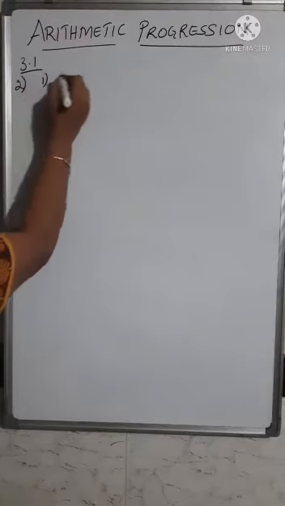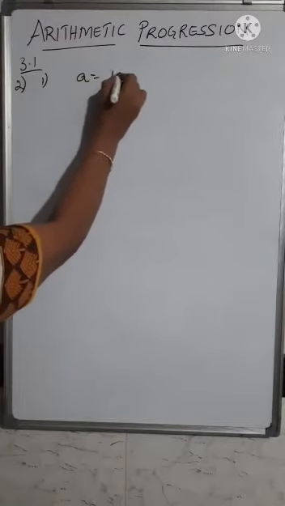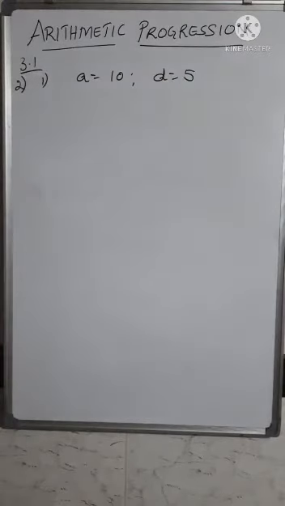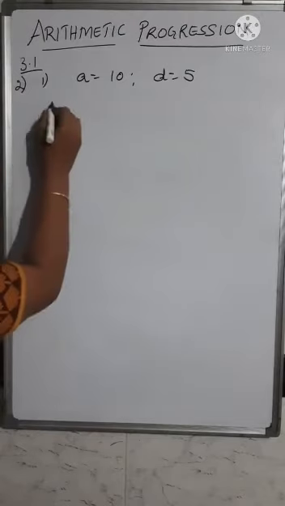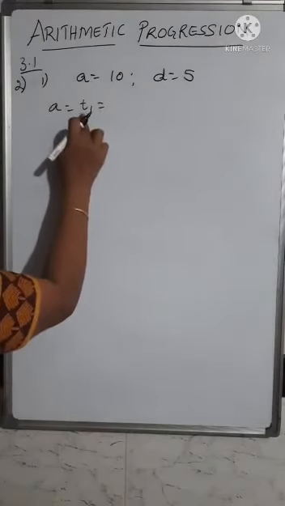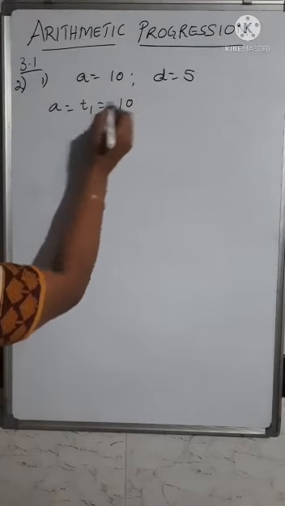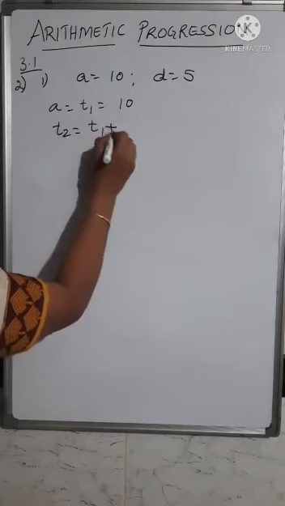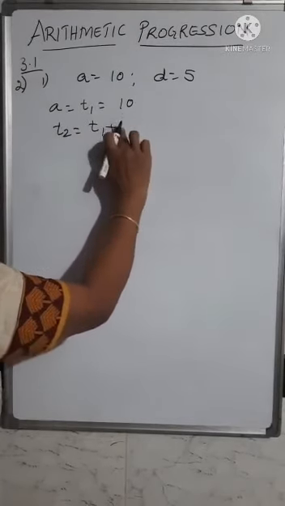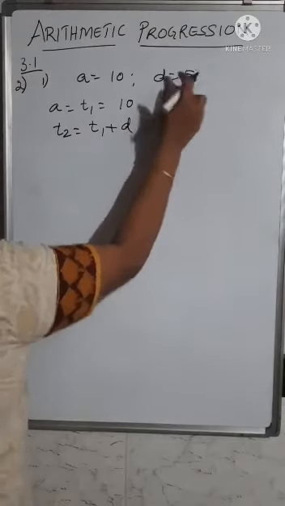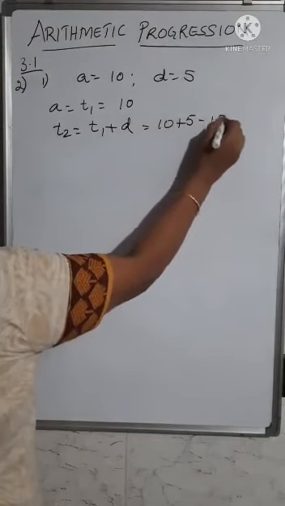Second question. Here A is given as 10 and D is given as 5. So you have to write the AP. You know A is equal to T1. The first term is also represented as T1, which is equal to 10. Then T2 is given by T1 plus the common difference, so that will be 10 plus 5, which is equal to 15.